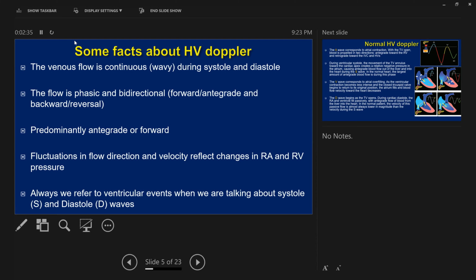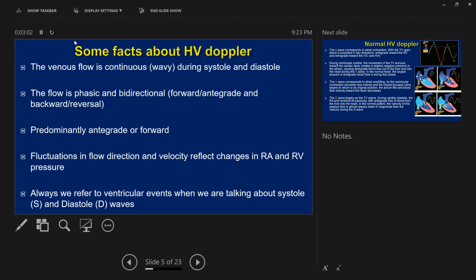The second fact, the flow is phasic and bidirectional. There are no valves at the mouth of the hepatic veins. So the flow is bidirectional, it can go forward or antegrade, and can go backward or reversal.